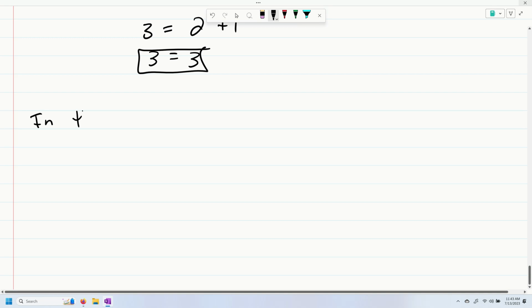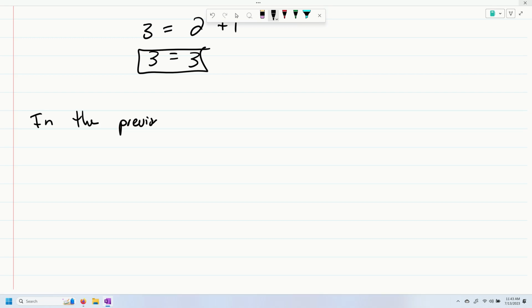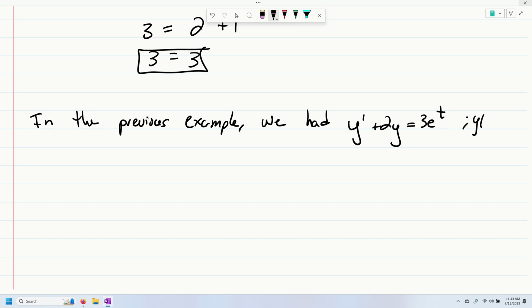So in the previous example, we had y prime plus 2y equals 3e to the t, where our initial value was y of 0 equals 3. Now, when you take, and this is what I mean by the integral solutions, or the family of curves, all right?